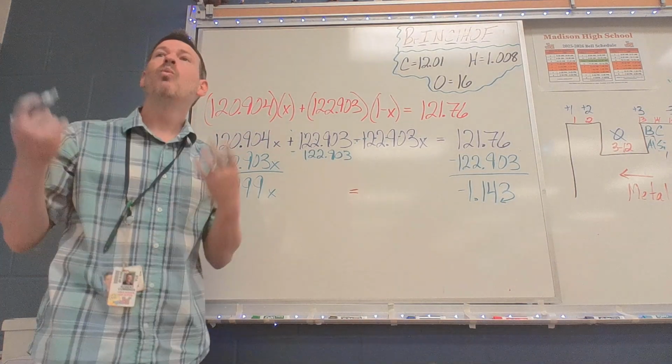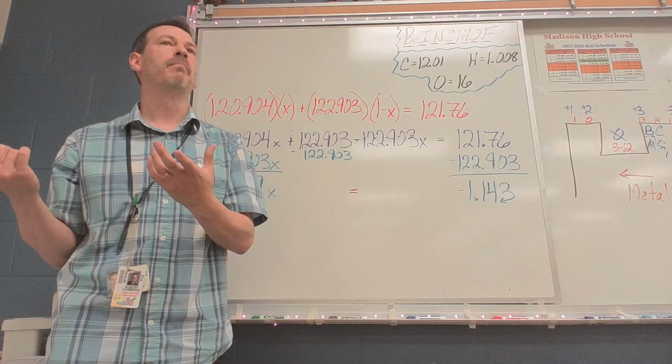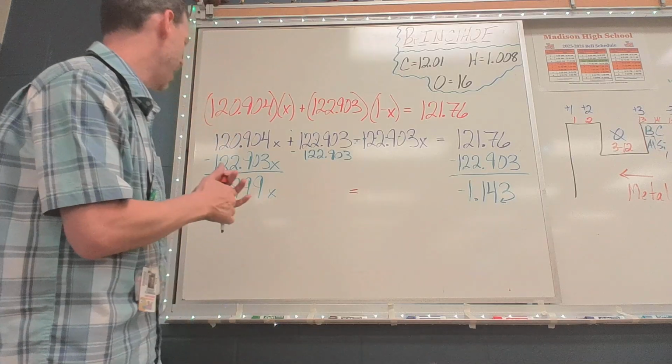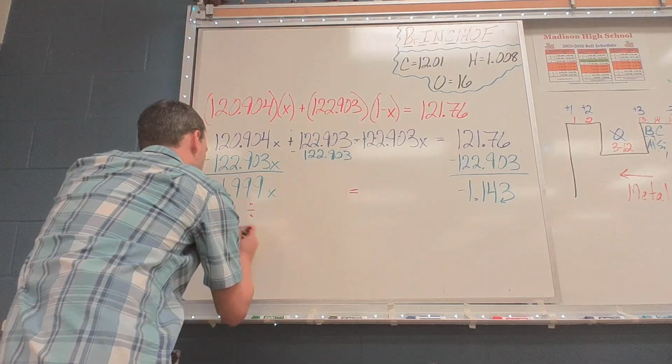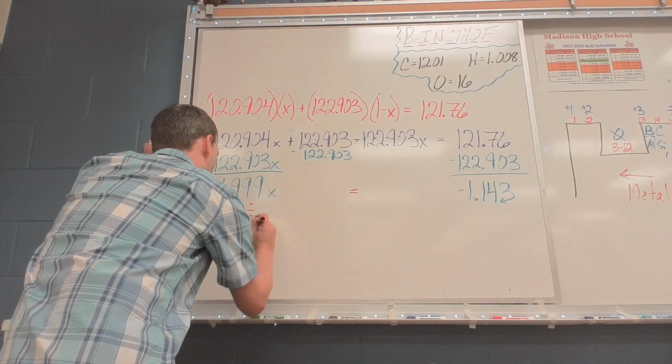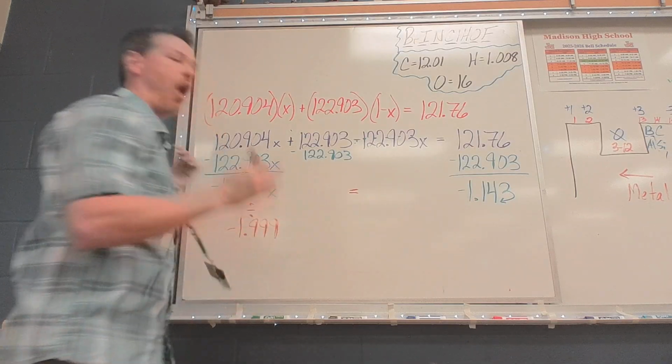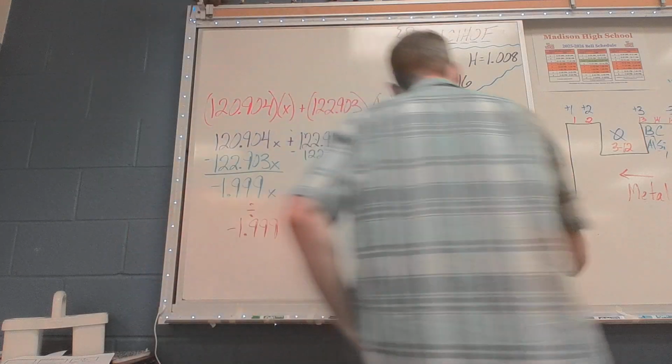And now we can isolate the x by doing what? Yep, dividing. It's multiplying right now. So if we divide by negative 1.999 on both sides, of course, it'll isolate the x.